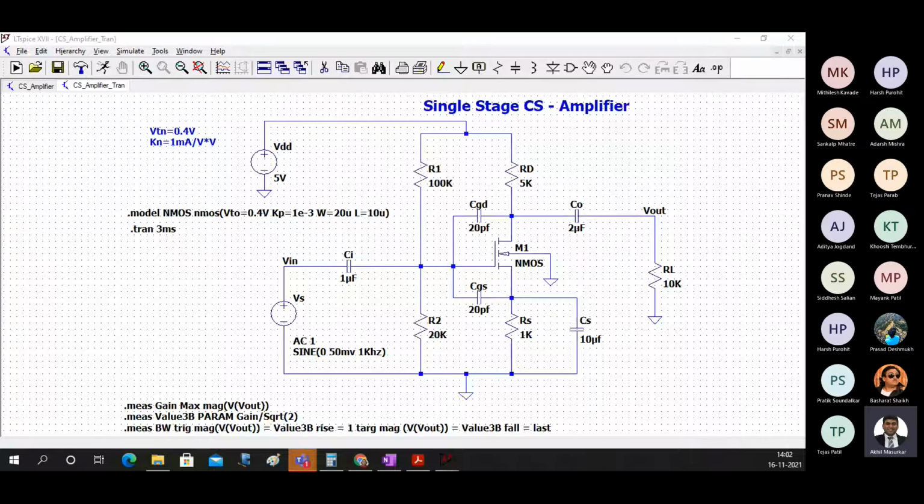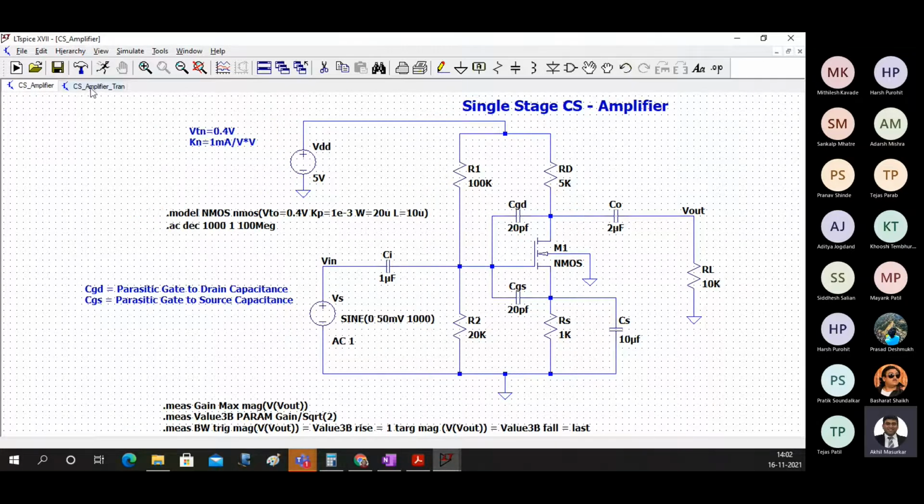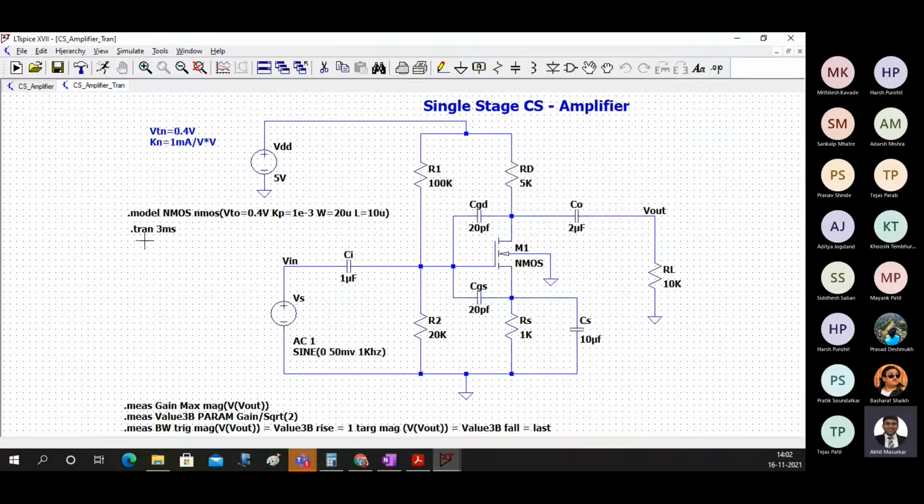So you all should be writing not .ac, but .tran. Remove .op and .ac if you have written them. Just write .tran, that's it. Now, what is the meaning of .tran? .tran means you are doing a transient analysis.